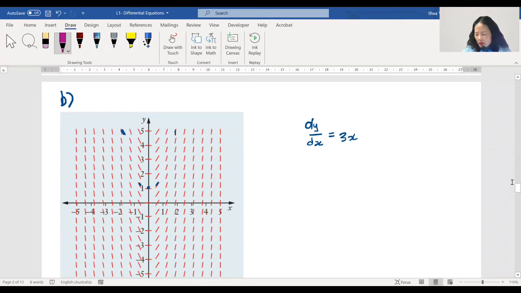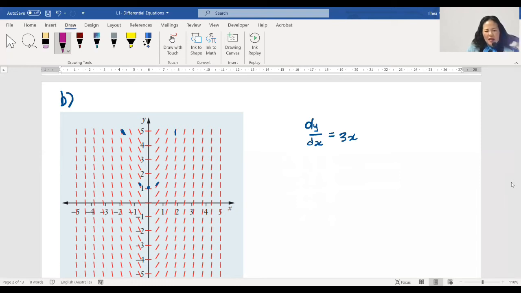So B, we need to find the graph of the function with dy/dx equals 3x, given that it passes through (0, 1). So I just put the dot there, (0, 1). That's what the question asks us to do. Now, this is a little bit tricky, because you have to follow the gradient and then sketch it.